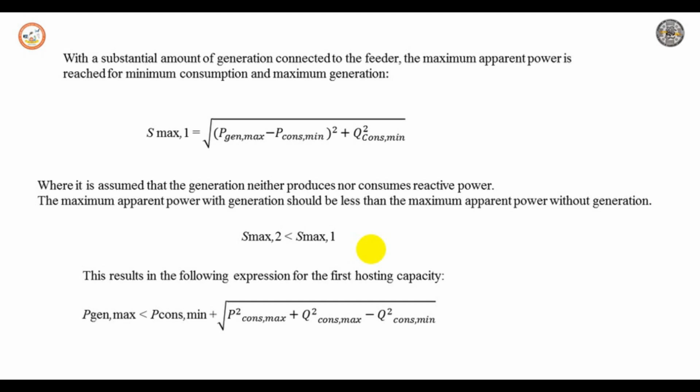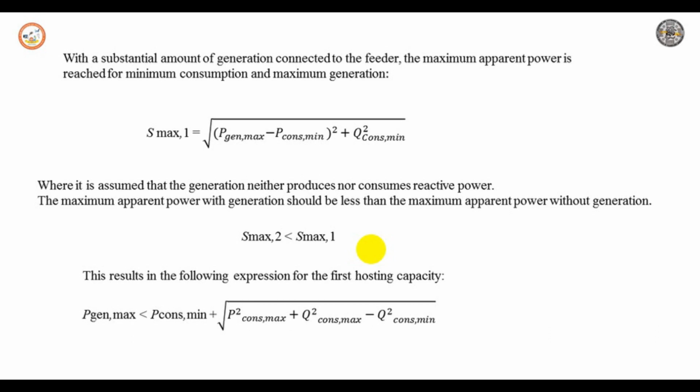This can also be stated as the root of (the active power generation at a maximum level minus the active power consumption at a minimum level) to the whole square plus the reactive power consumption at a minimum level squared, where it is assumed that the generation neither produces nor consumes reactive power.